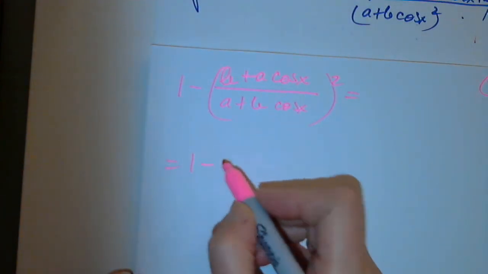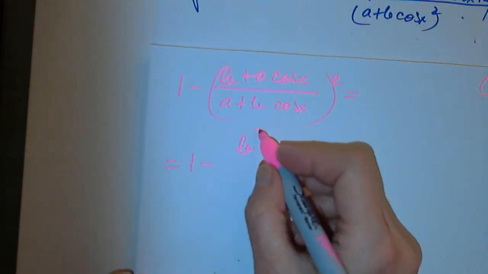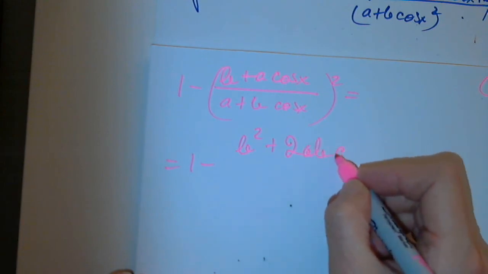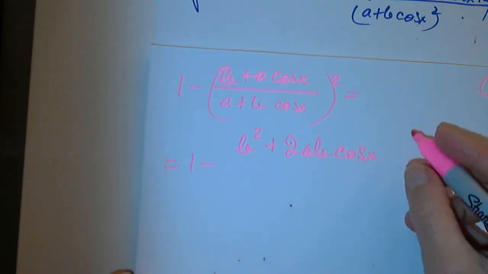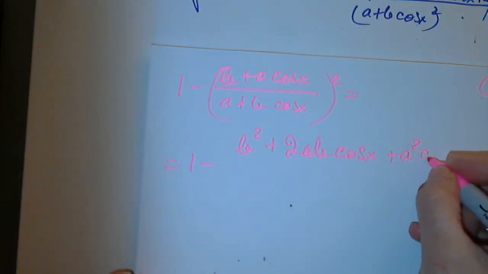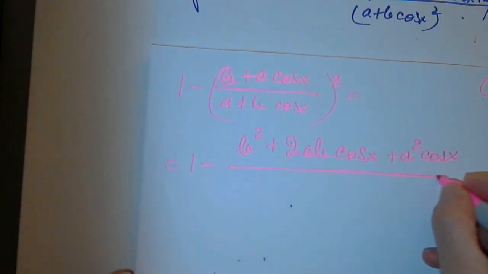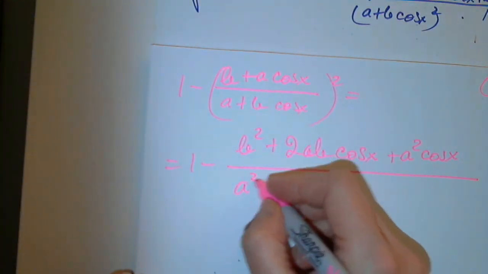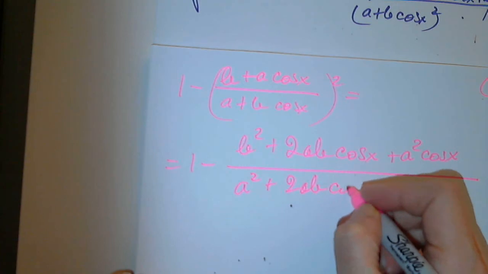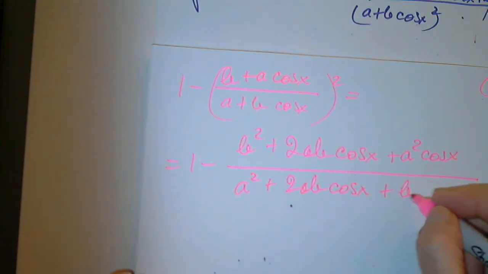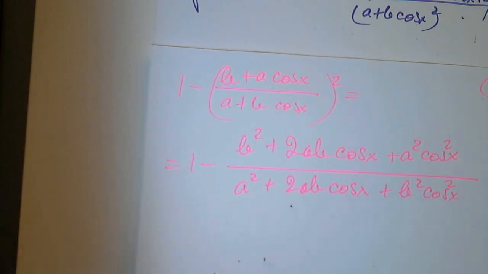Okay, so this is 1 minus b squared plus 2ab cosine x plus a squared cosine squared x over the denominator a squared plus 2ab cosine x plus b squared cosine squared x.